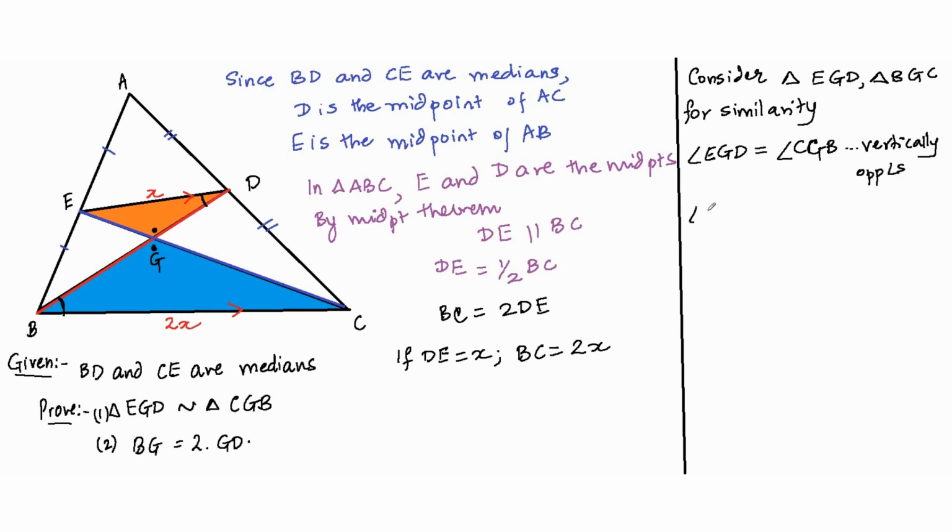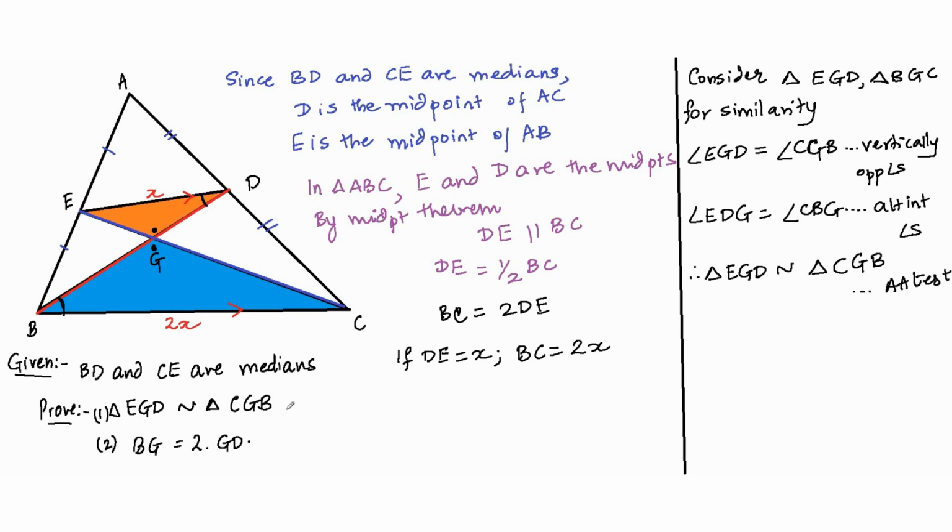And I also know that angle EDG is equal to angle CBG because of alternate interior angles, right? And therefore triangle EGD is going to be similar to triangle. Let's see the corresponding points. G corresponds to G, so that comes as the second vertex. D corresponds to B, and therefore the third vertex has to be C over here, right? So this is by the AA test.